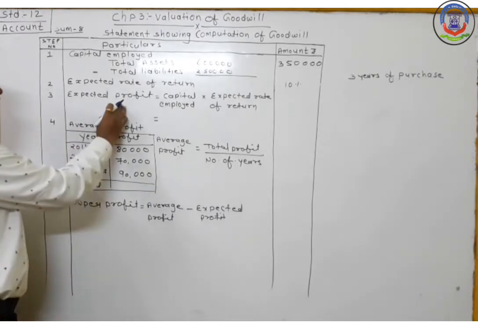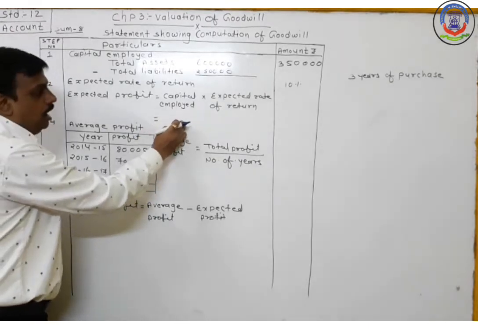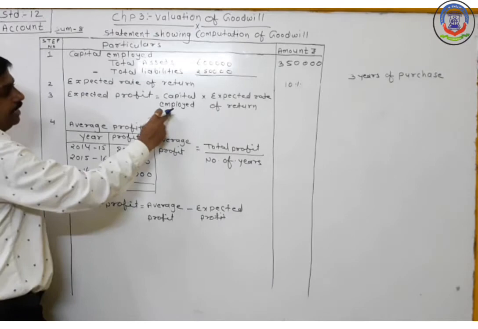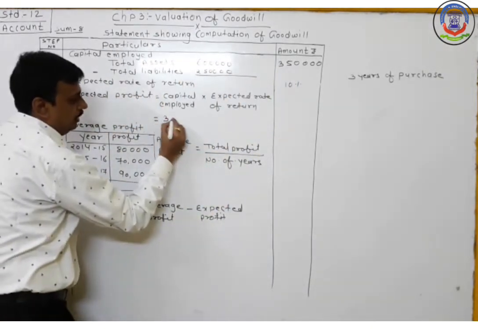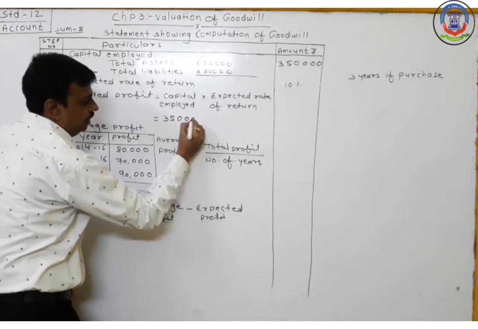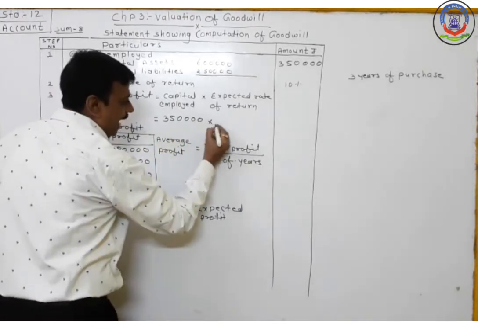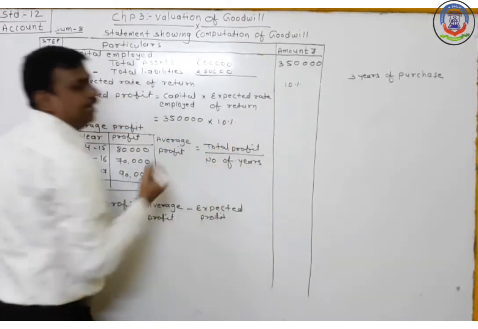Expected profit equals capital employed multiplied by expected rate of return. Capital employed is rupees 3,50,000, multiplied by the expected rate of return, which is 10%.